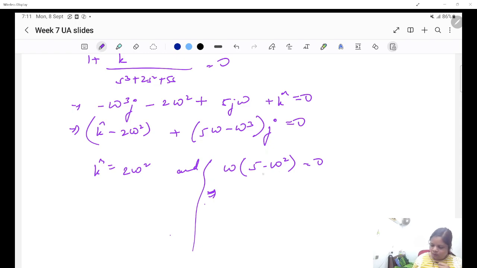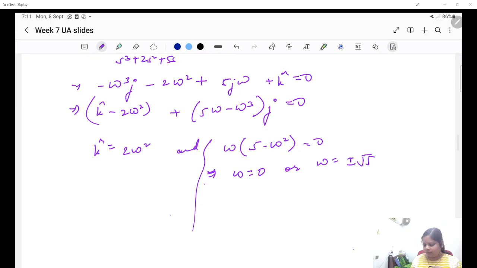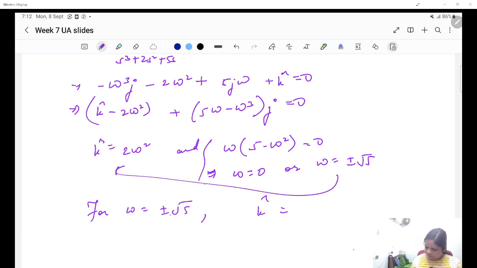So either omega is 0 or omega is equal to plus minus root 5. Now for omega equal to plus minus root 5, K hat is equal to 10, right? If you substitute this here.